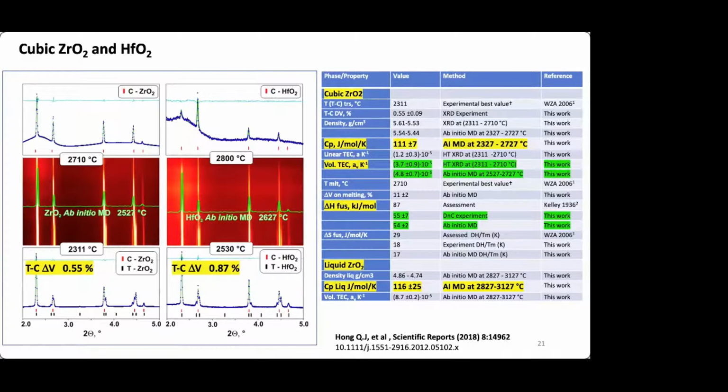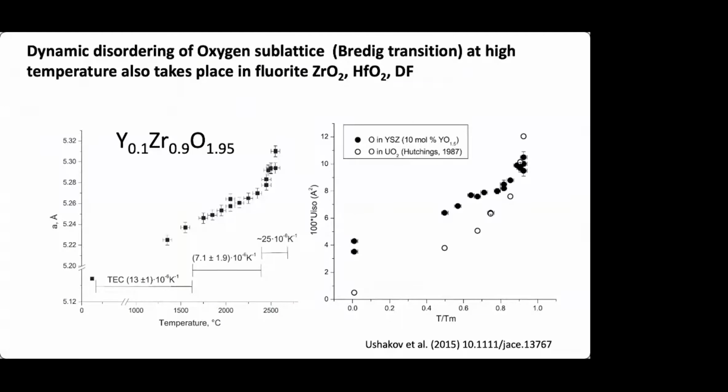We compared these results with computations, which also indicated that heat capacity of the fluorite high temperature zirconia and hafnia is similar to the heat capacity of the liquid zirconia and hafnia, which is not surprising because dynamic disordering of an oxygen sublattice also takes place in fluorite phase and yttria-stabilized zirconia, as we showed from results of the neutron diffraction study.